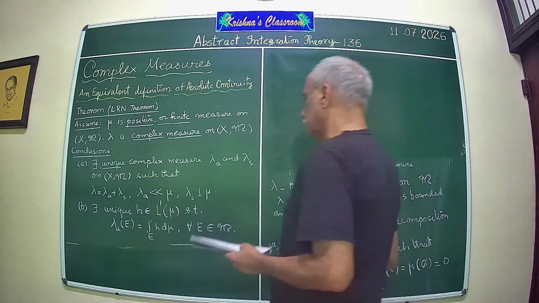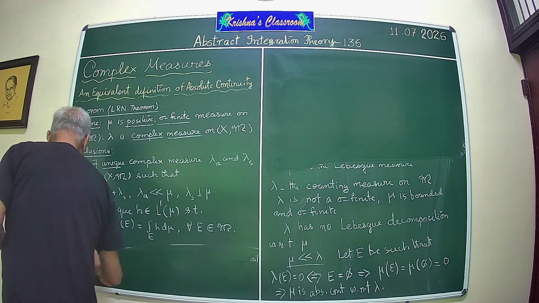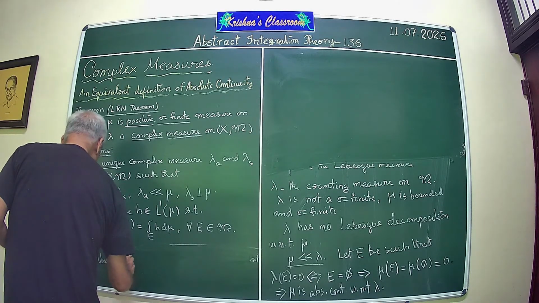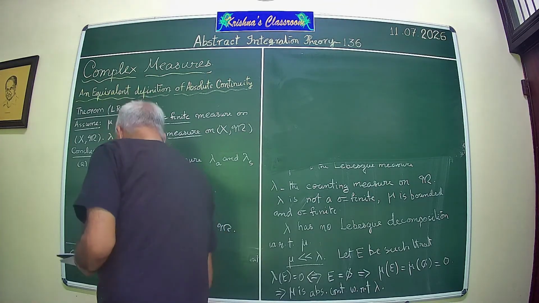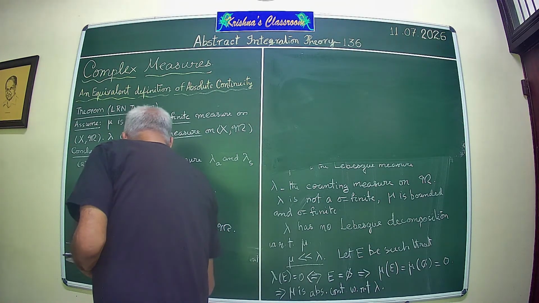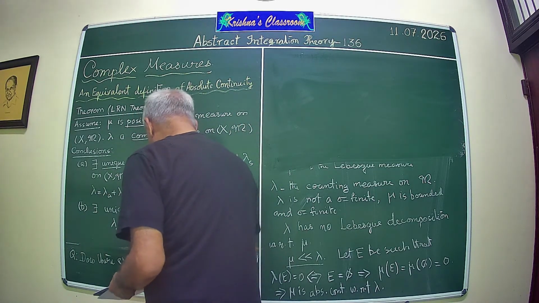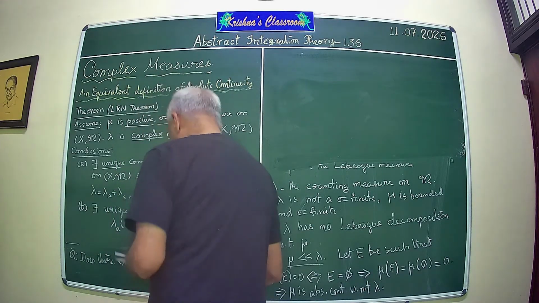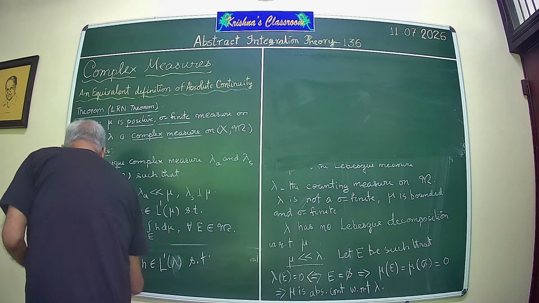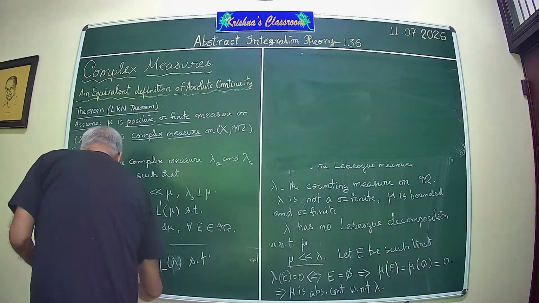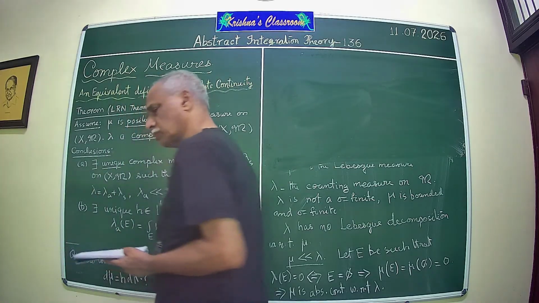Does there exist h belonging to L1 of lambda such that d mu equal to h d lambda? It's the question that you are asking.